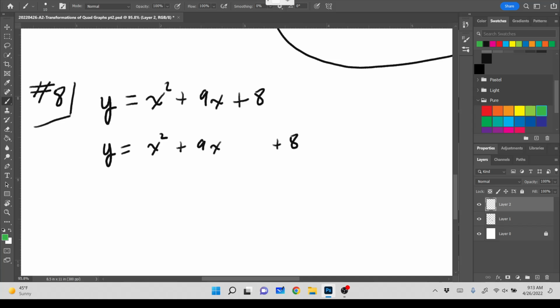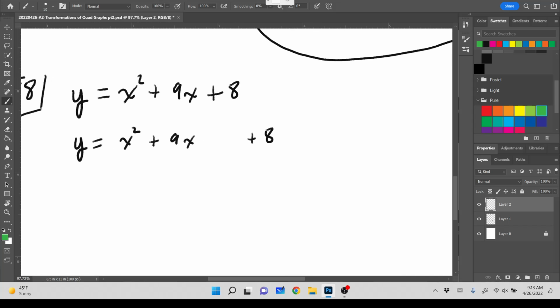Yeah, just move it over for now. That's right. Then we would put it into complete the square. So we get our green part, and we do b, which in this case is 9, right, over 2 squared.